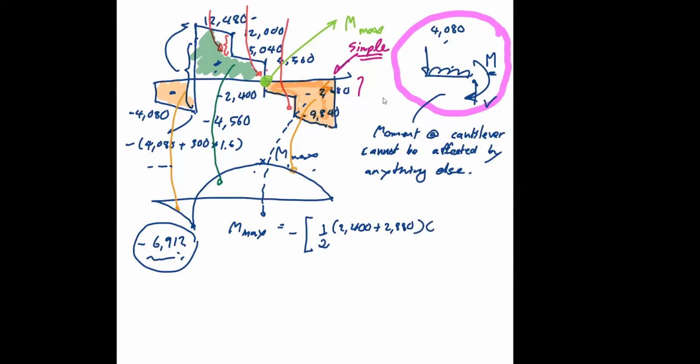The average of that multiplied by 1.2, which is this distance, just spacing your beam. And then plus another half of, what's that? 9840 plus the reaction 10320 multiplied by another half. That will give you maximum moment right away. Okay. Any question?